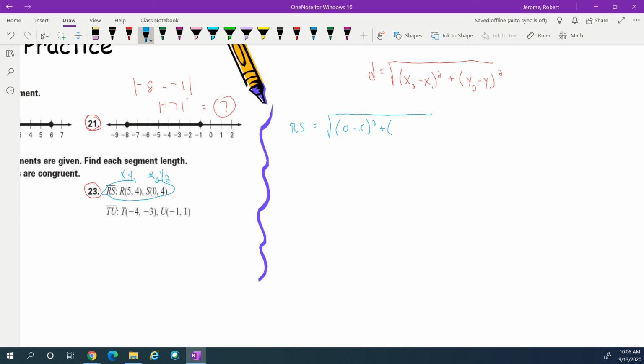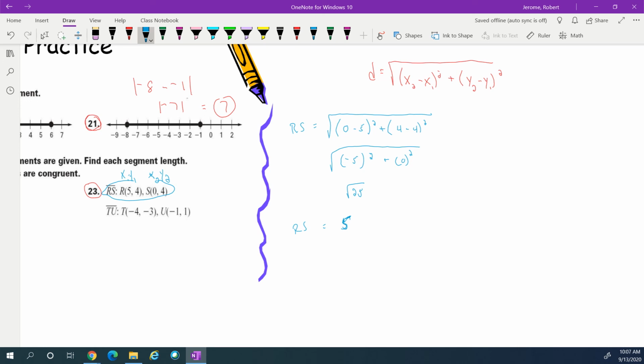And the second parenthesis is the y's, and that's going to be 4 minus 4 quantity squared. So we have -5 quantity squared plus 0 quantity squared. That's 25. And I can say RS equals 5. Notice I do not have the segment bar above it because I'm not just naming it, I'm talking about its measurement. So RS equals 5.